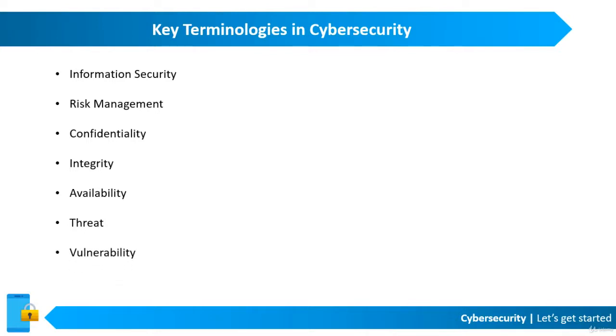Vulnerability. Vulnerability is a weakness or a flaw in the system through which the attackers can gain access to the internal systems, and then they can cause different attacks. For example, let's say you have a house, a bungalow, with two gates.